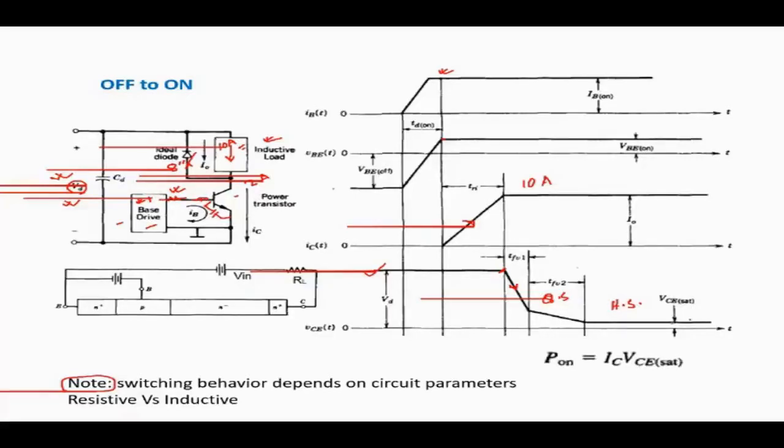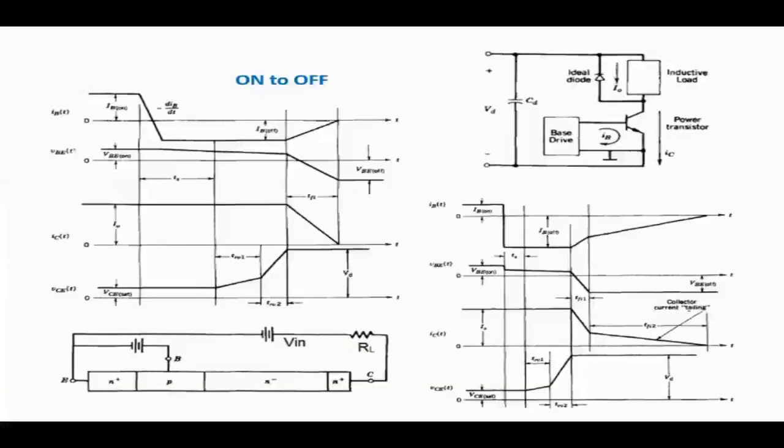So VCE(sat) is pretty low there. And during the switch off zone, exactly the reverse phenomenon happens. First it was in hard saturation, then it goes to quasi saturation, then it goes to the active zone, then finally it turns off.